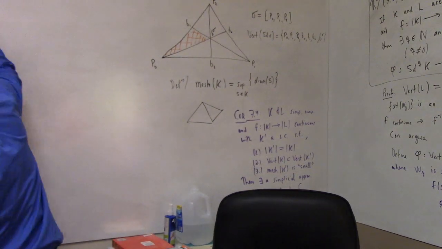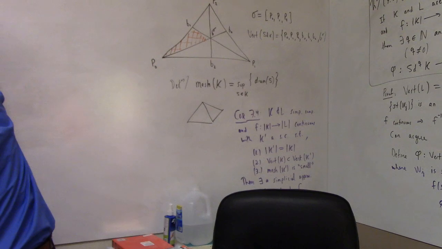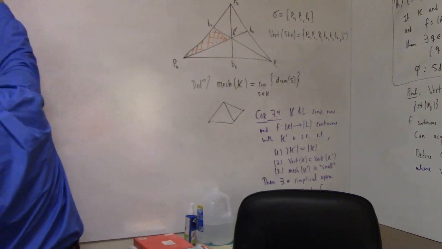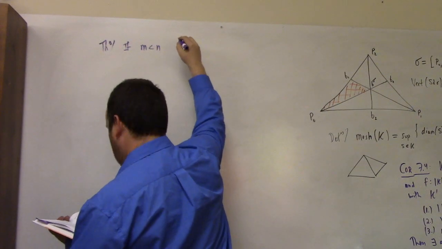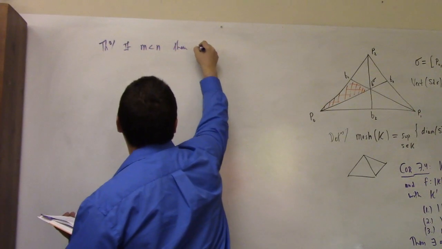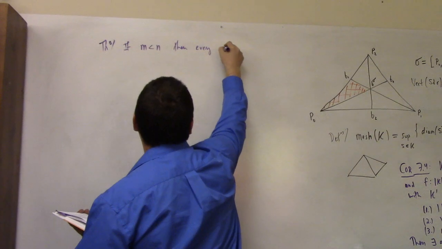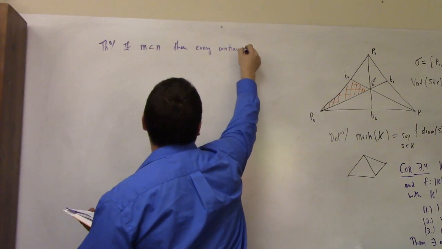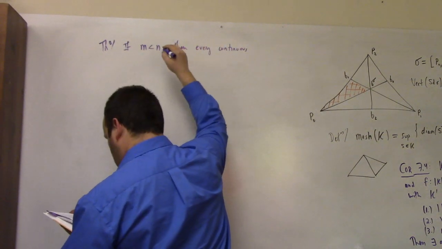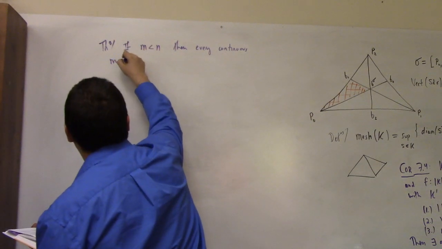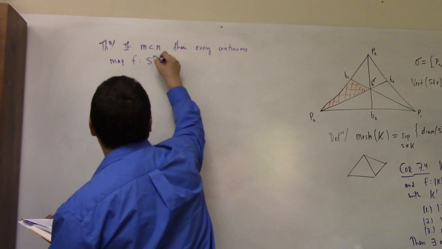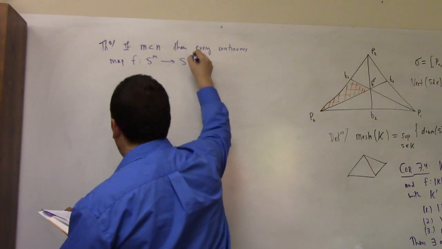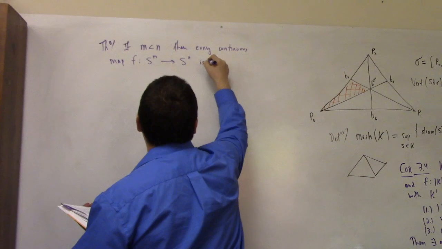Here's this theorem. I'm just talking. Theorem 7.5. If m is less than n, then every continuous map f from S^m to S^n is null homotopic.